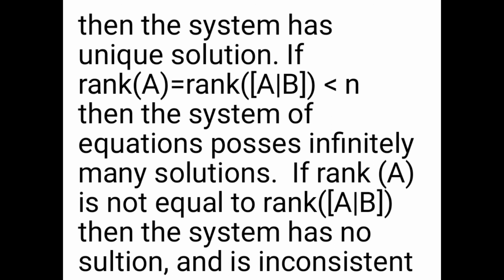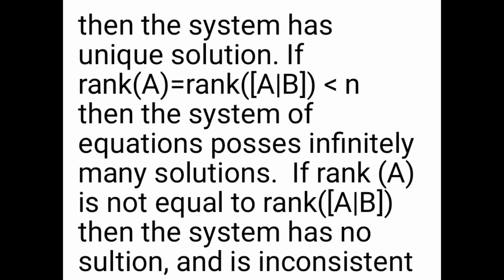And if rank of A is equal to rank of AB, and this common rank is equal to n, the number of variables, the system has a unique solution. That is, the system has only one solution.